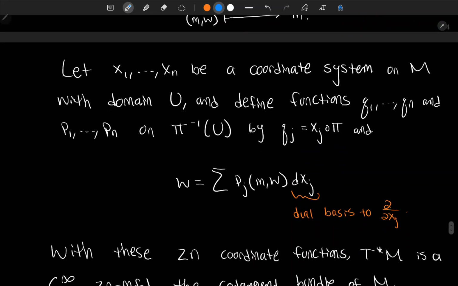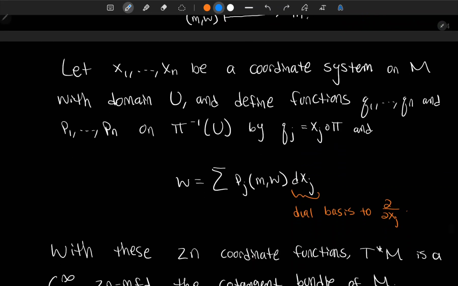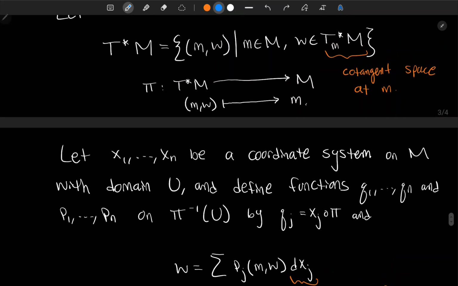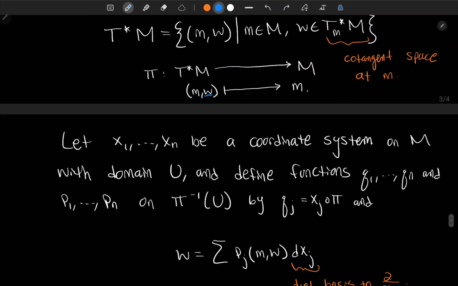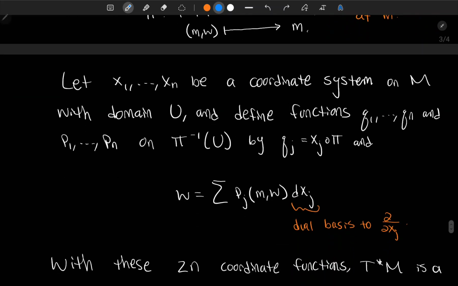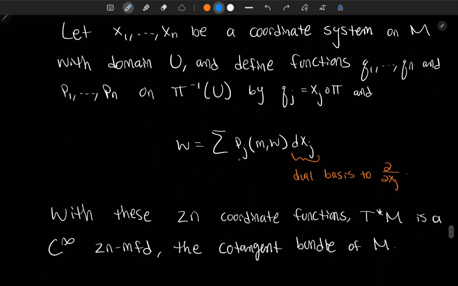And pj is defined as the coefficients of w. So here w is the covector, or the element of the cotangent space, which is called a covector. So pj are the coefficients of the covector in question, where here dxj is the dual basis to d/dxj.